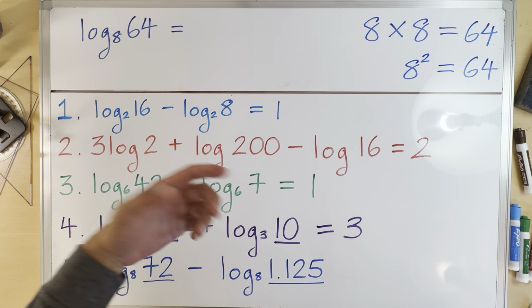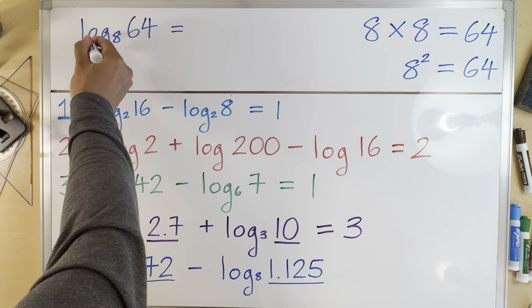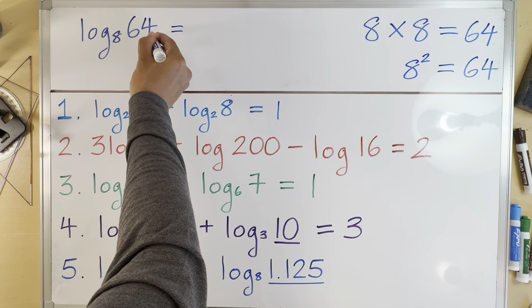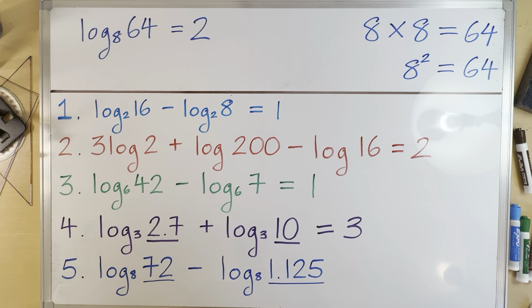And we just found out that the exponent is 2. This means that the log base 8 of 64 is equal to 2. And hence, the answer to problem number 5 is 2. And this is how to solve logarithm problems without using a calculator.